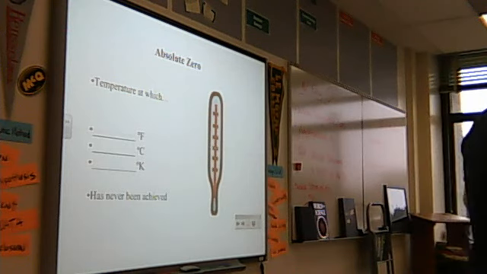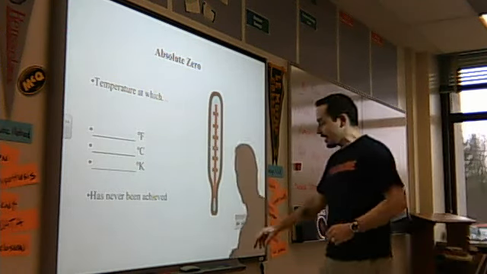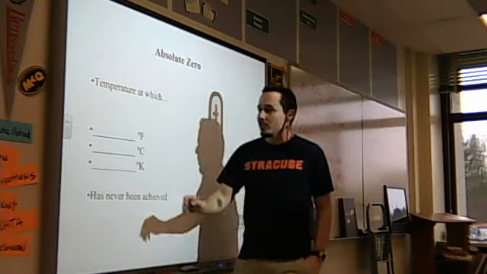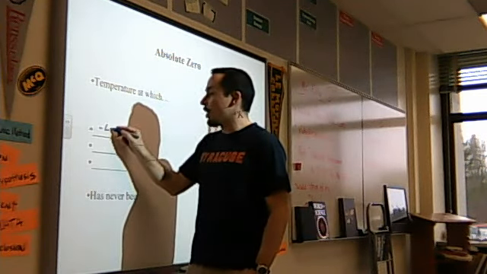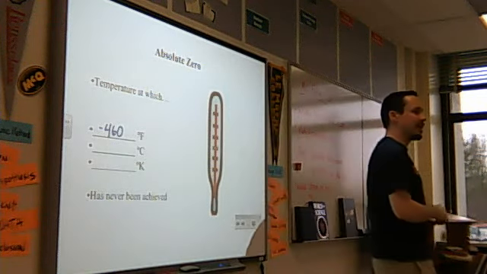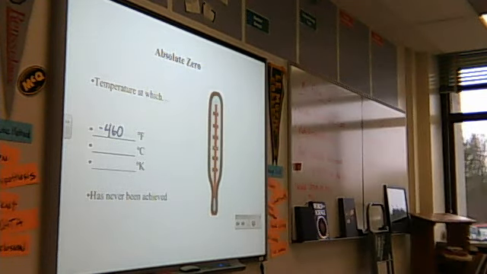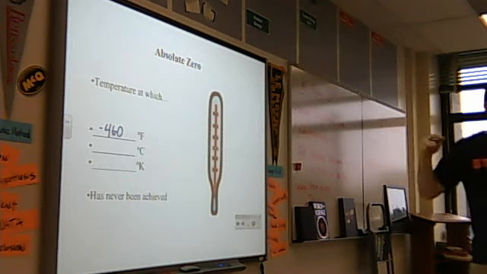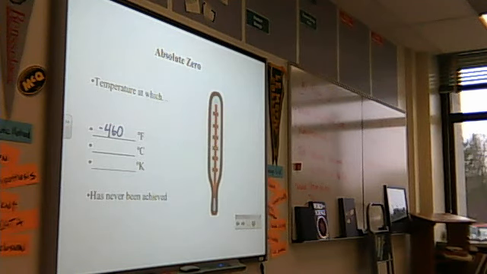So now absolute zero becomes an easy but interesting concept. Absolute zero happens at 460 degrees below zero on the Fahrenheit scale. Now, if you're wondering why those other, the C and the K are, do you know what they stand for?